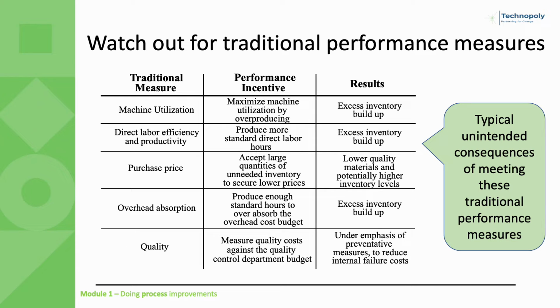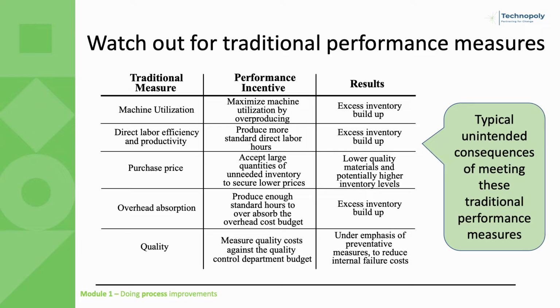Here are some examples of traditional performance measures. Such examples are machine utilization, efficiency, productivity, overhead use, quality. These are not so unusual measures. Unfortunately, these measures can drive the wrong behavior.